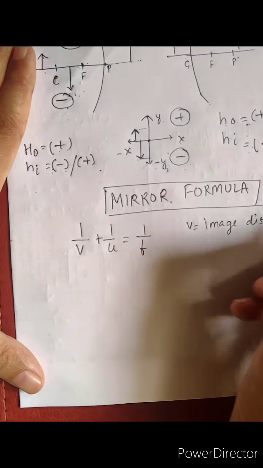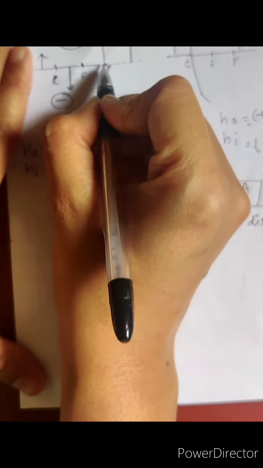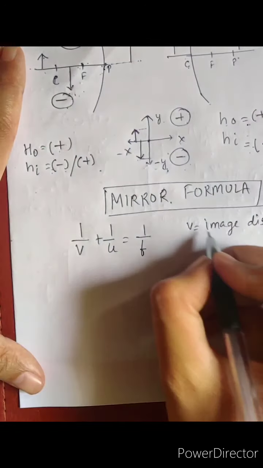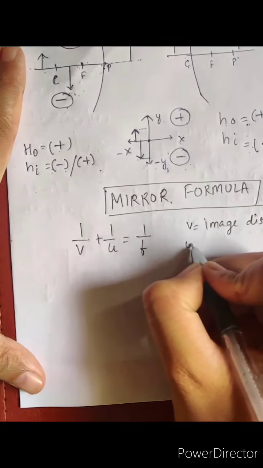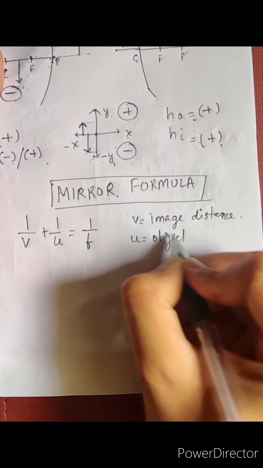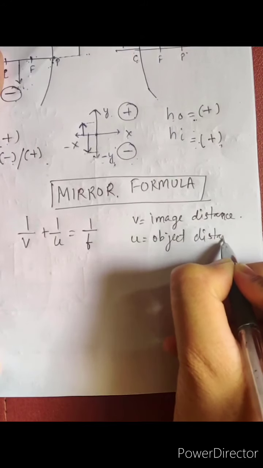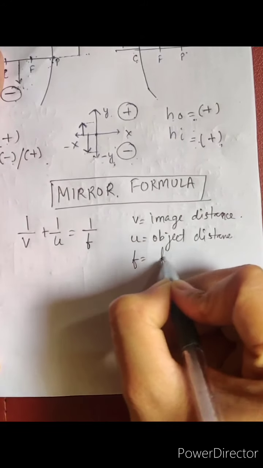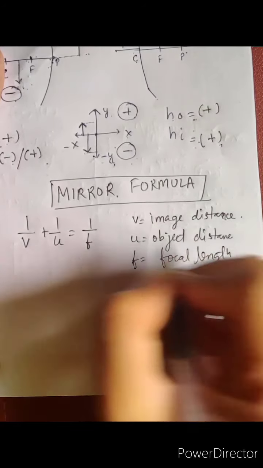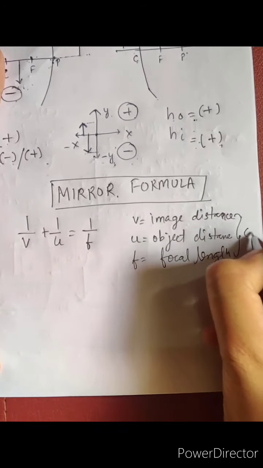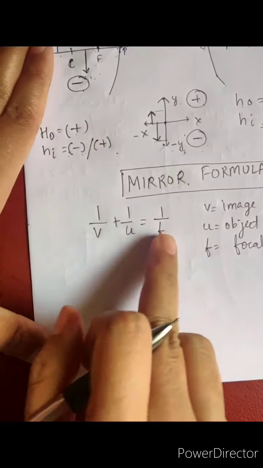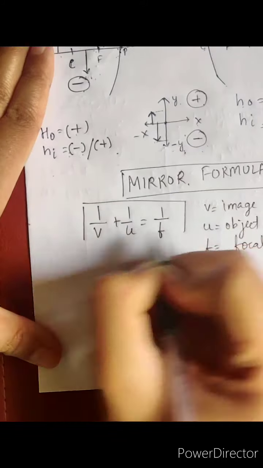From the sign convention we have learned that all distances, image or object, are always measured from the pole. So V is image distance, U is object distance, and F is focal length. And all these distances are in centimeter. They will always be in centimeter. So this is our mirror formula.